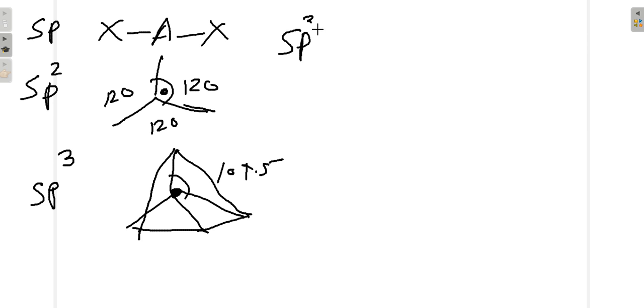sp3d, please see, total 5 orbitals. Out of that, 3 will be in one plane, 1 will be above and 1 will be below. So let me show you the orbitals only. Suppose you draw a triangle like this.